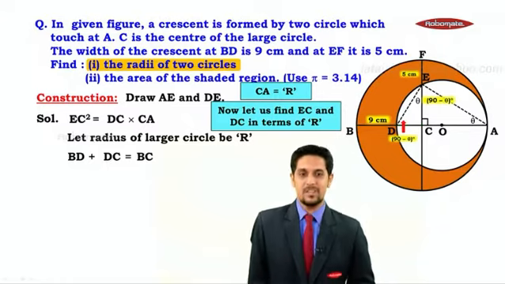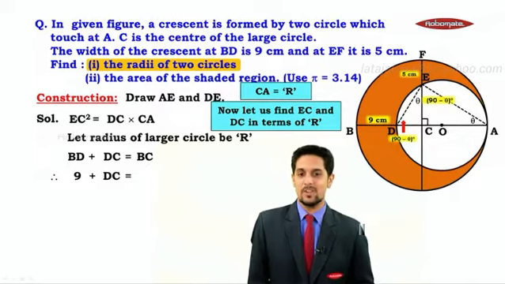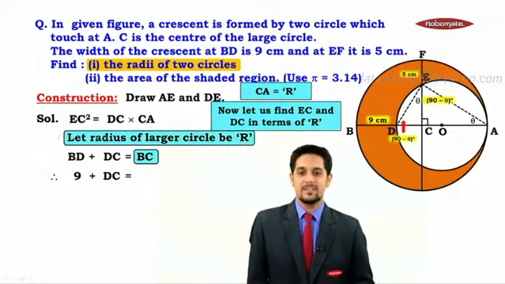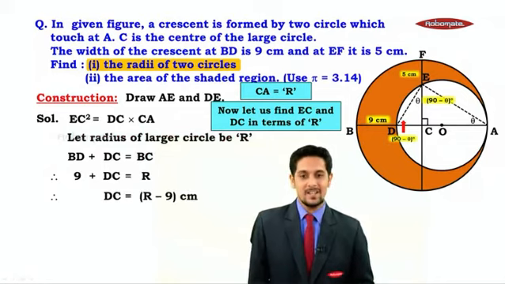Now let us substitute their values. BD, as it is given in the question, is 9, plus CD will be equal to BC. BC is nothing but the radius, which is denoted by capital R. So we have DC is equal to R minus 9 centimeters.